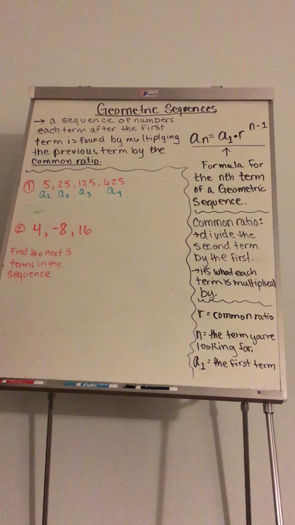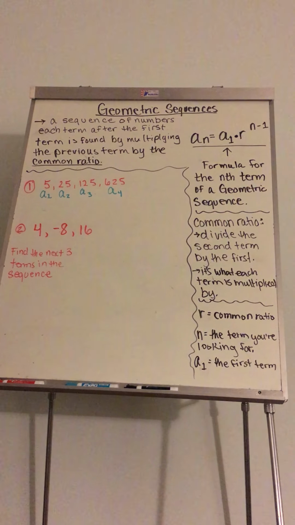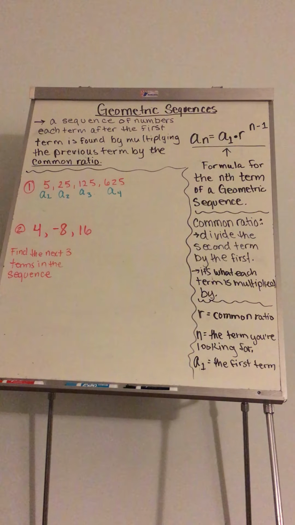All right, so there's a formula that allows you to find any term in the sequence. If I just wanted to find the two terms after this, I could do that by hand and multiply 625 by 5 and then that times 5, and I would find those answers.